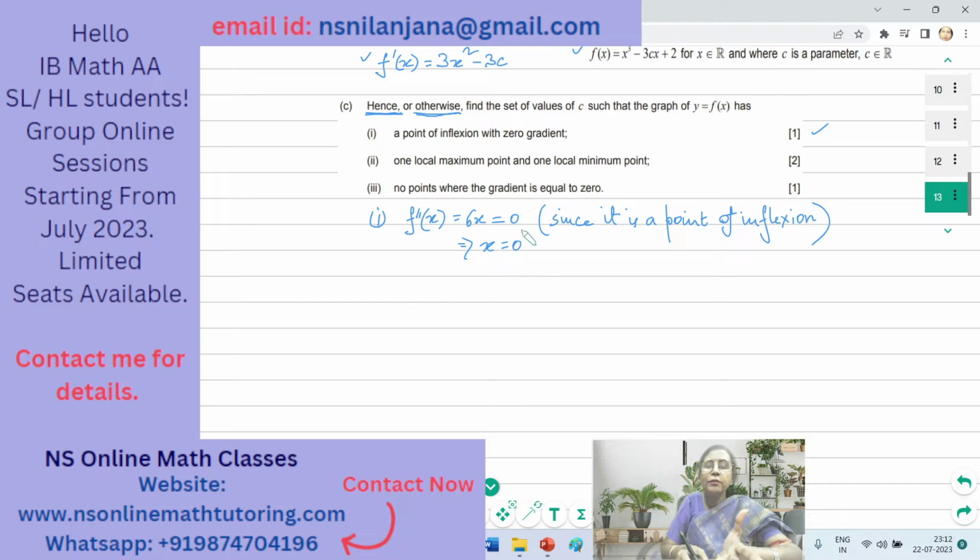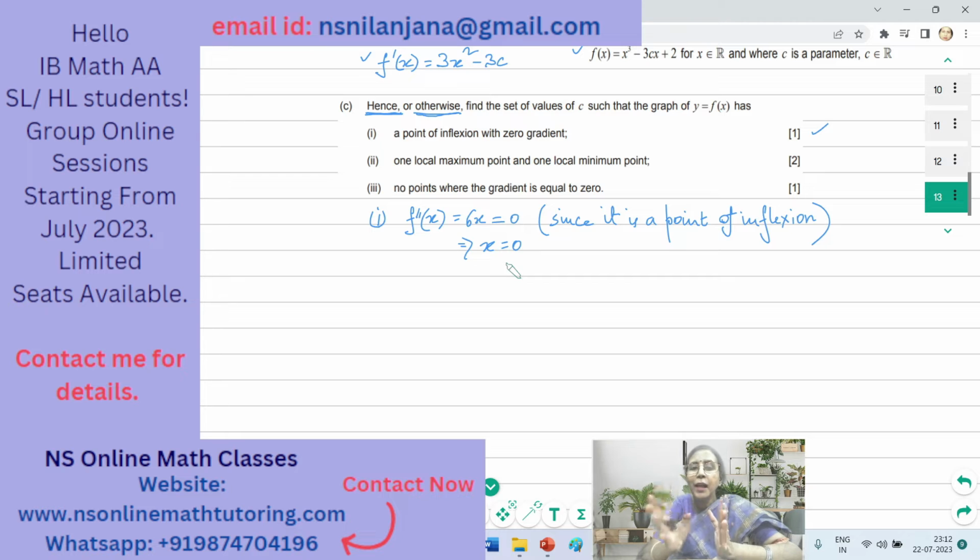And you can see the sign will be changing. If you take x equal to -1, 6 times -1 will be -6. And if you take x equal to 1, 6 times 1 will be +6. So the sign of f double dash x is changing around the point x equal to 0. So it is the point of inflection.